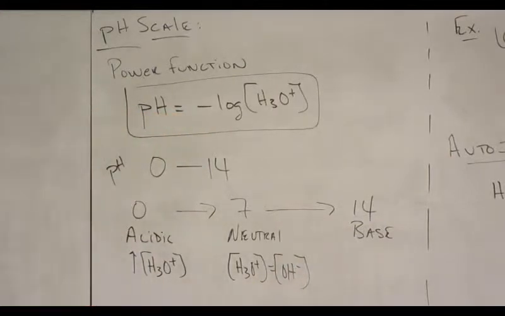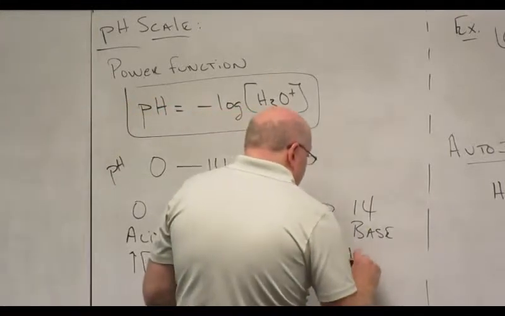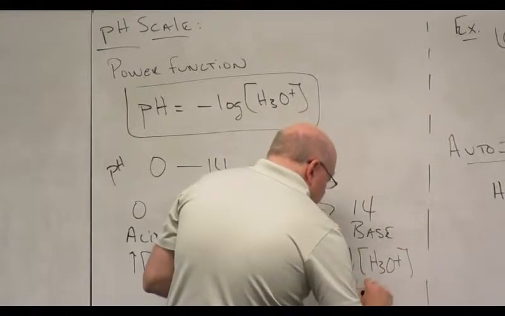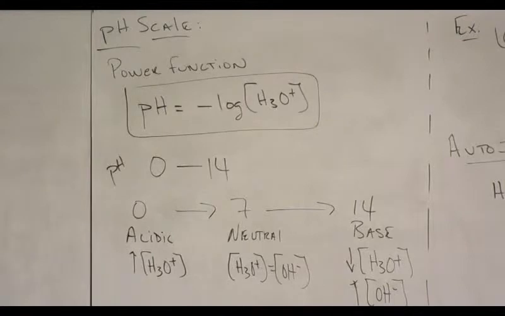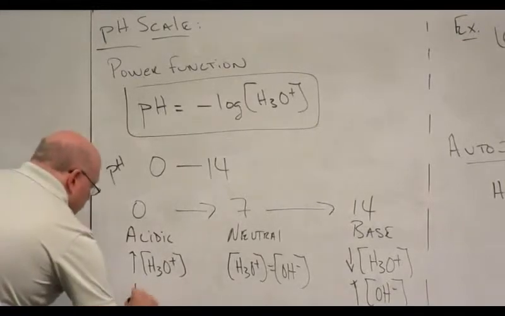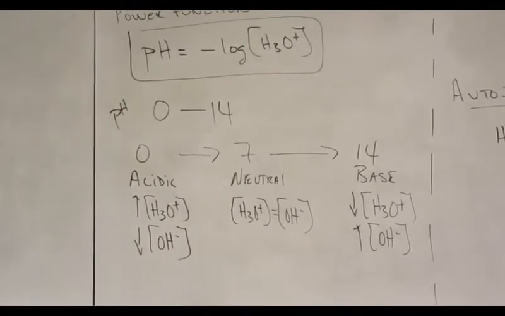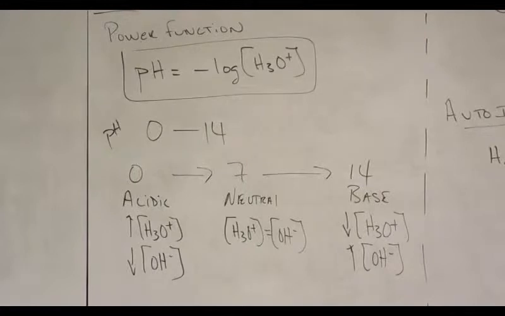Now on the base side, we have virtually no or very low amounts of H3O+, but we do have high amounts of the hydroxide. If we look at that just on the scale side of things, we go from all acid to an equal amount to all base.